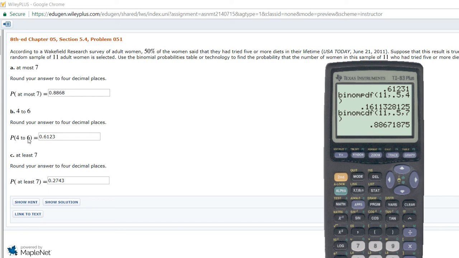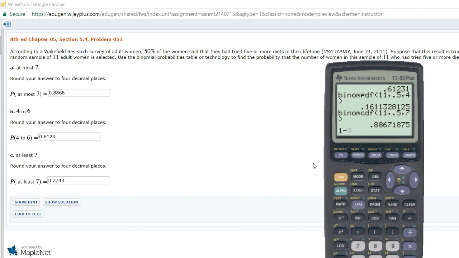For C, it says at least 7, so that's 7 or more. What we're going to do for that one is subtract from 1. Remember, all of your probability distributions add to 1. So we're going to go 1 minus, because we're doing 7, 8, 9, and 10.